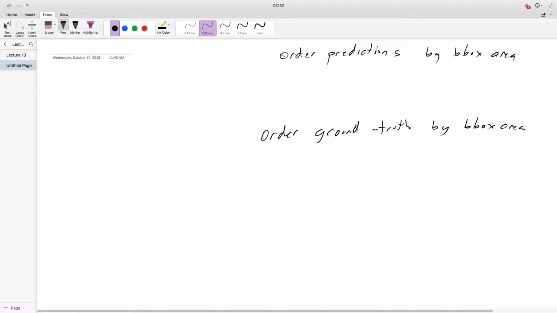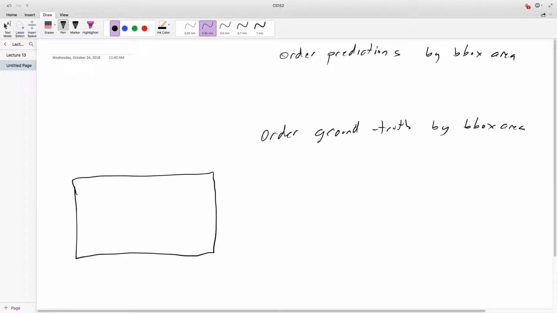Okay. So what can happen is, I'm still using those cat, dog, cat, dog examples. So let's say we have a big box, and a smaller box, and an even smaller box, and a really small box, okay?